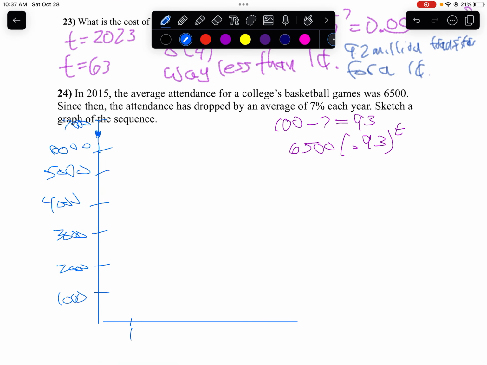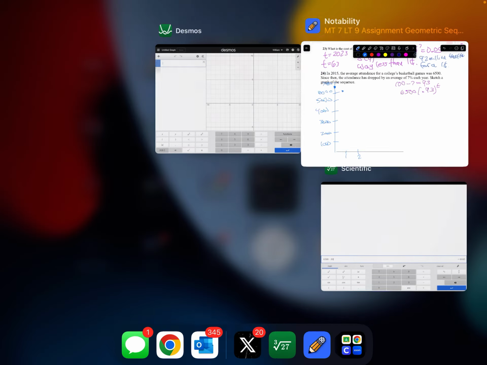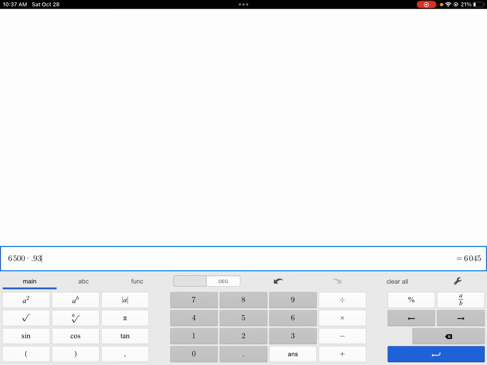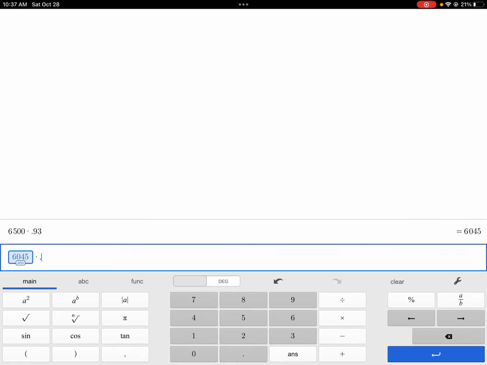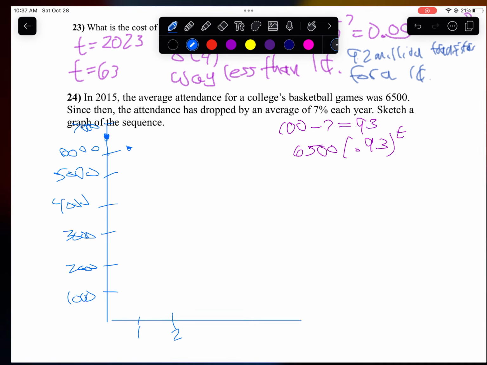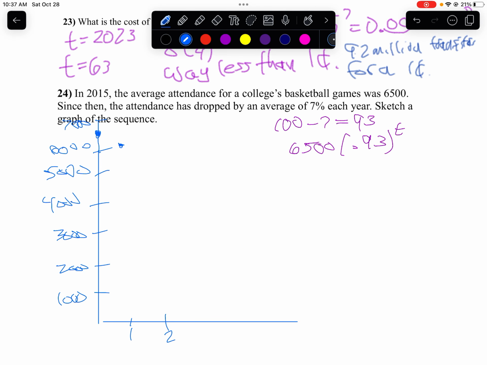So when I plot that, that will be about 6,045. Okay, let's go out 2 years. So if I go out 2 years, I'll just take my answer times 0.93. So about 5,600. We're going to round that too. So if I go 2 years, I'm at 5,600.